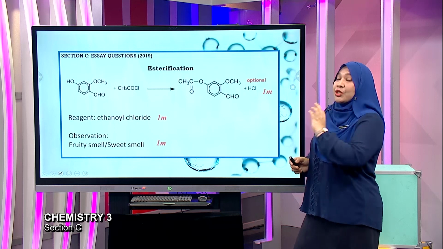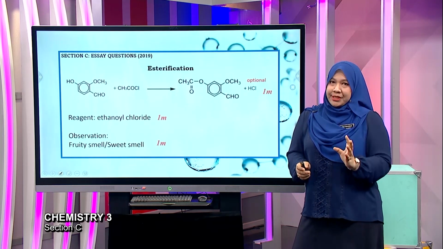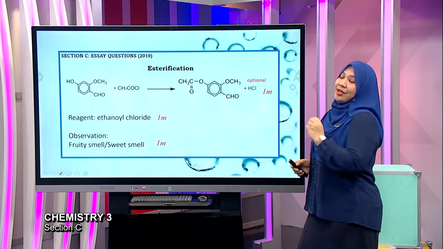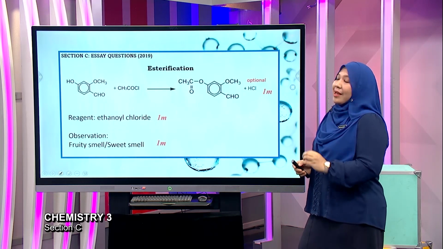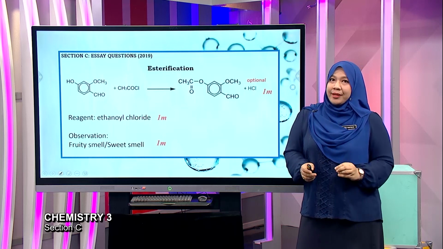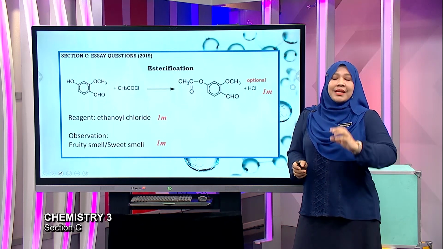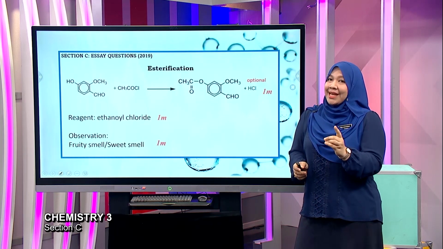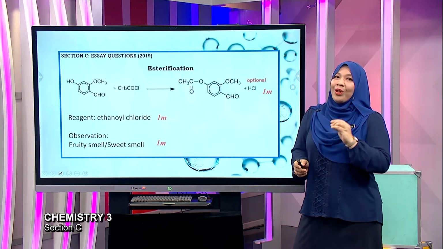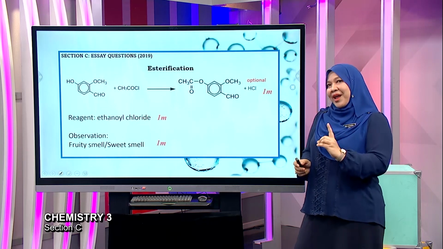The HCl formed is optional. That gives you 1 mark for the correct chemical equation. And last is the observation. When you form an ester, the very significant observation is the fruity smell or sweet smell. Correct, 1 mark.